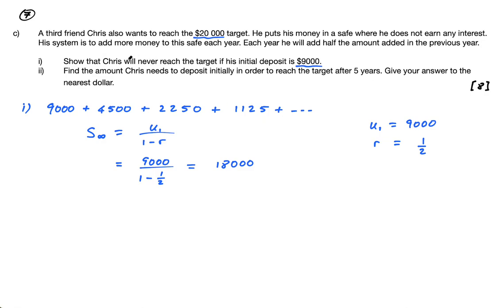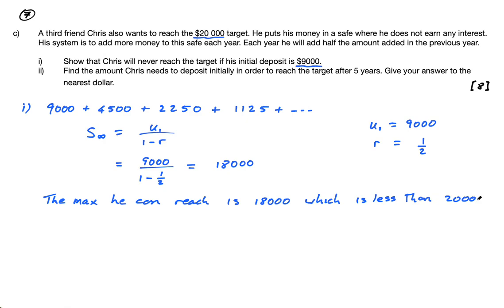So, show that he'll never reach his target. You have to then say, guys, you're nearly finished, but you're not there yet. So the max he can reach is 18,000, which is less than 20,000.